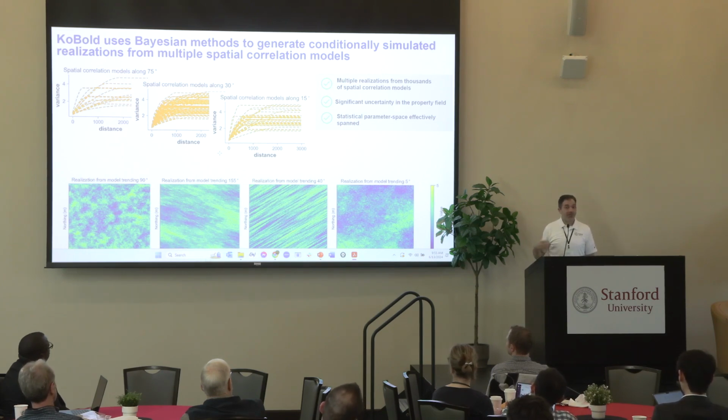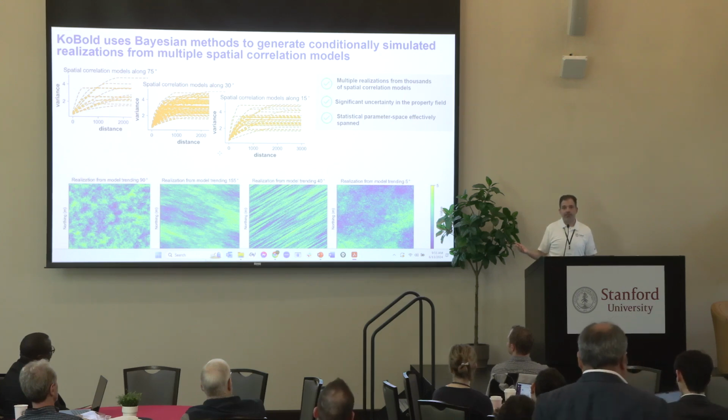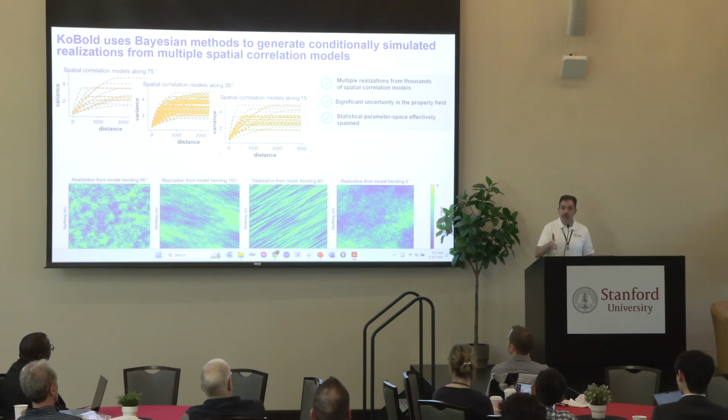So once you have your data, it turns out that there could be many, many different variograms that are all consistent with your data. And as you collect more data, you can refine that model. But if you're interested in honestly evaluating the uncertainty, you have to include the uncertainty in all of those hidden assumptions that go into the rest of your modeling, one of which is the variogram.